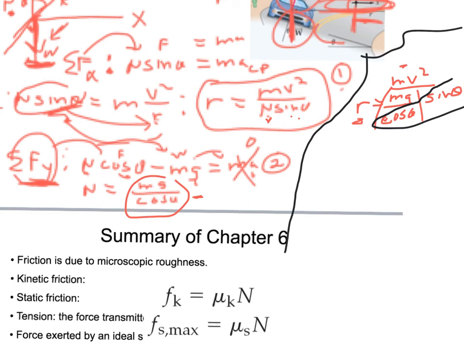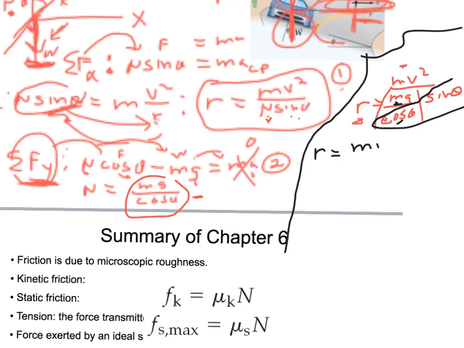But before we plug that in, we don't want to change that yet. Sine over cosine is tangent. But we still have this cosine down here that's underneath the mg. So let's rearrange our equation a little better.